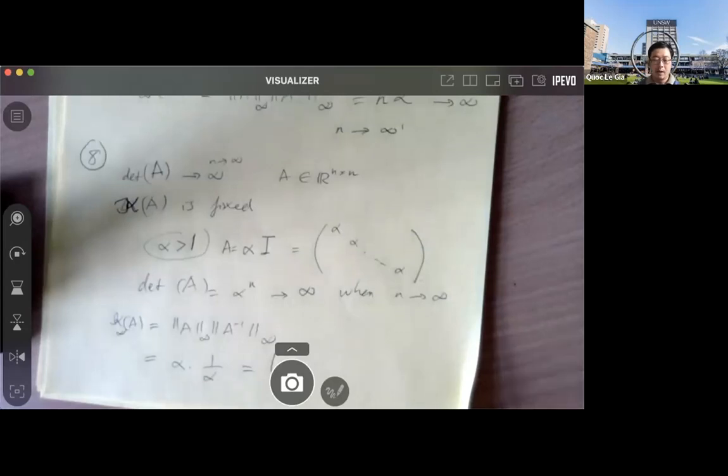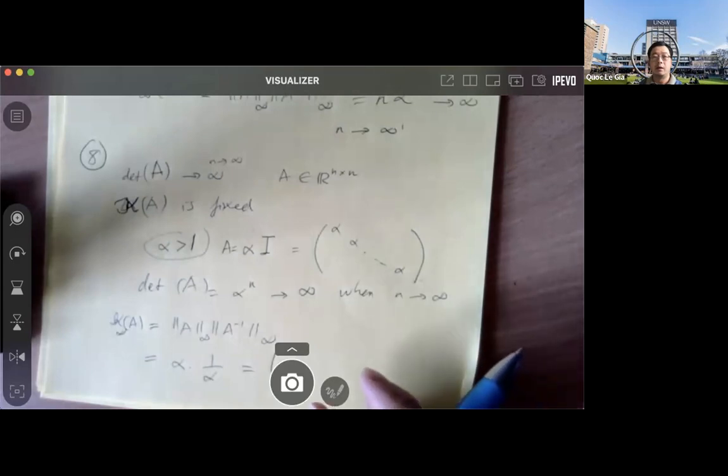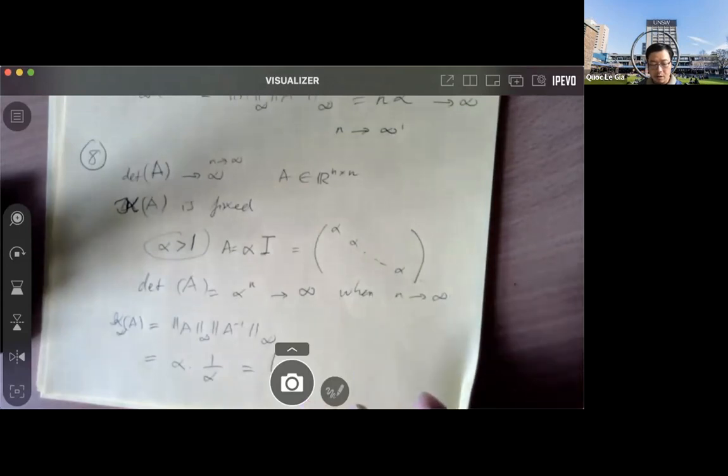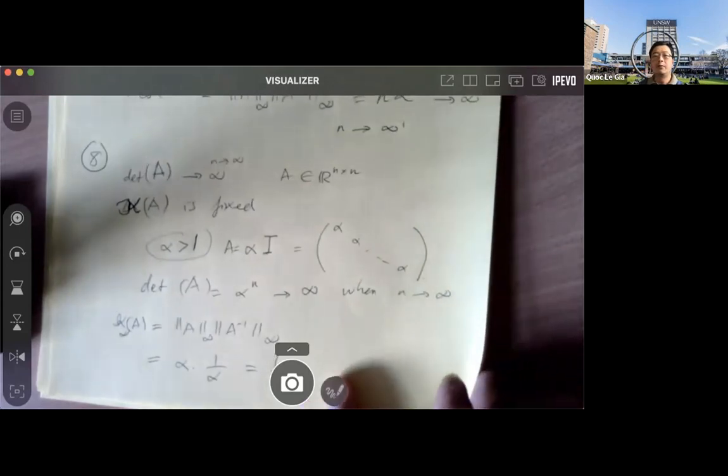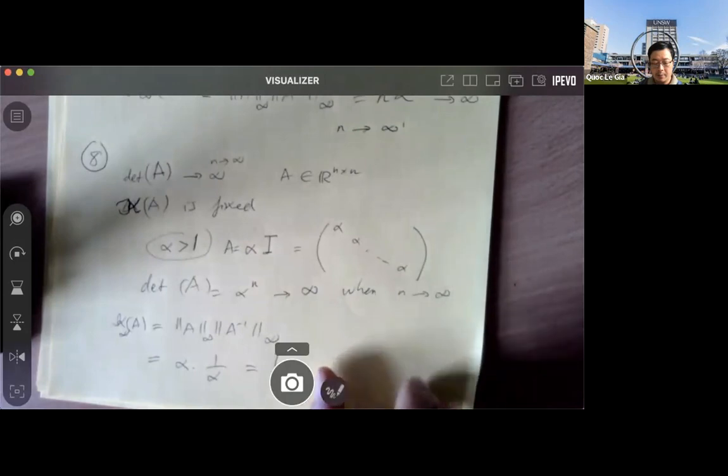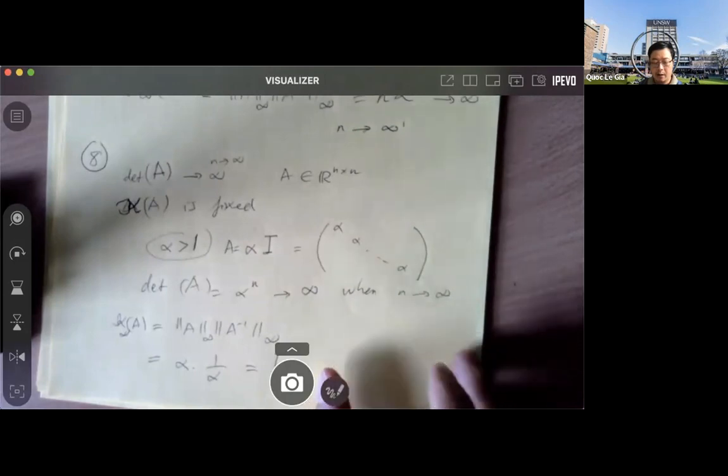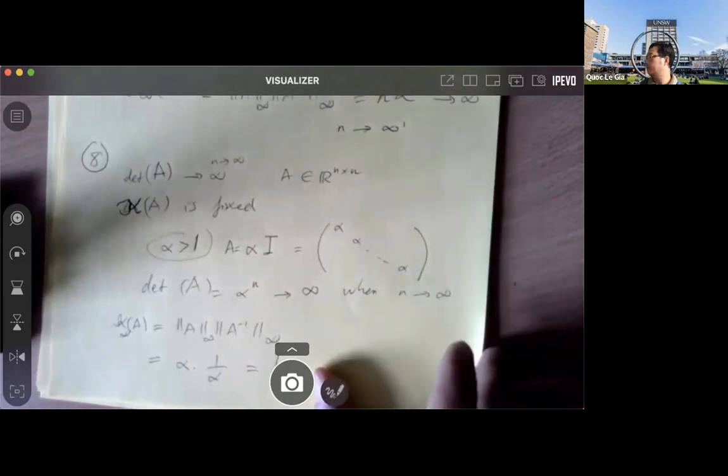So in some sense, the determinant can be very different from the condition number. Okay. So now we move to number 9. It's a different topic. It's about Cholesky factorization.